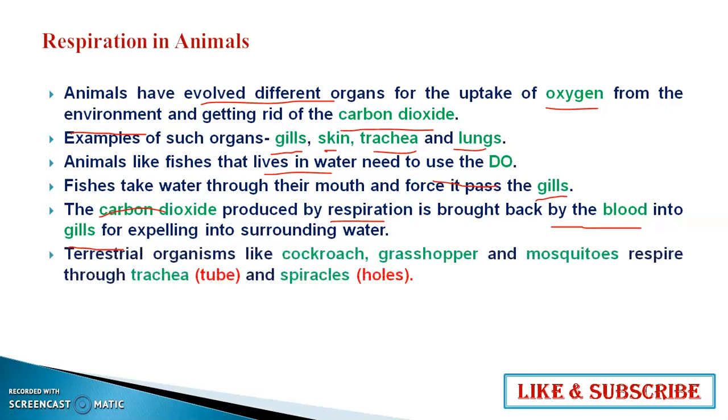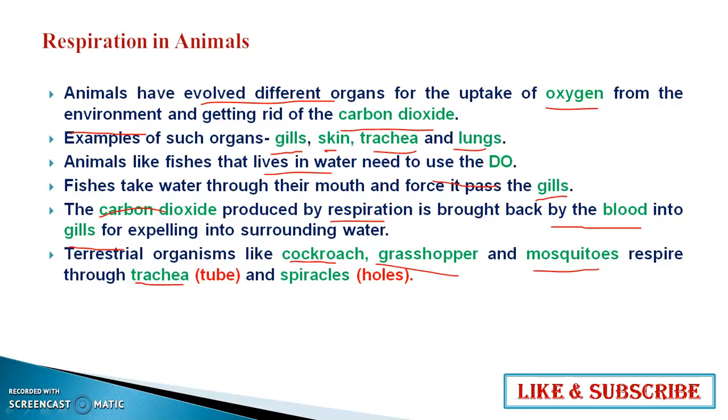But if we move towards higher organisms like terrestrial organisms, for example cockroach, grasshopper, some mosquitoes, these organisms respire through the trachea. This is a very special organ present in terrestrial organisms, specifically in insects, right?